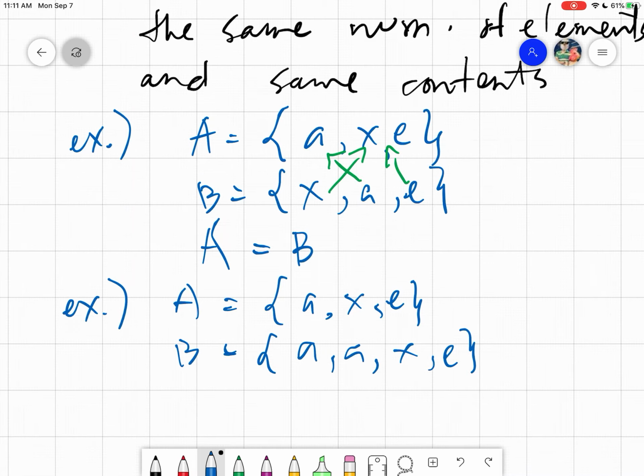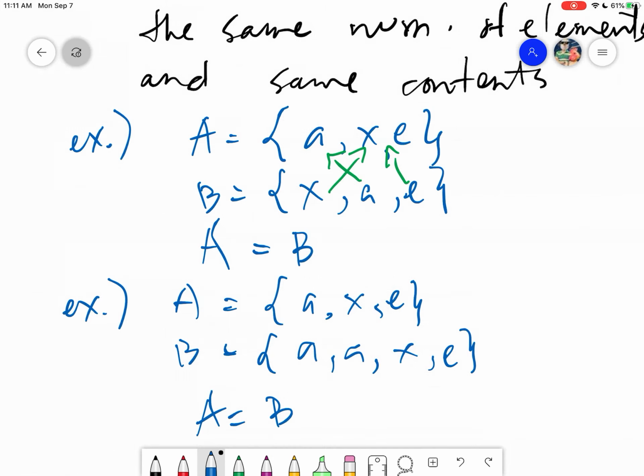So you will notice hindi sila parehas ng number, but this one is actually similar. So we take this as 1. And again, it would still be the same. Bakit? A is still equals to B. Bakit? Set A is equals to set B kasi they still have the same elements. Ang nangyari lang sa set B na doble, but again, we take it as 1 kasi pare-parehas lang yun.